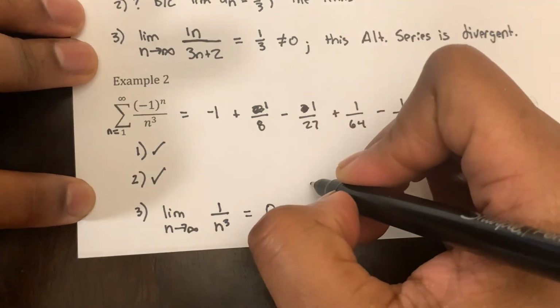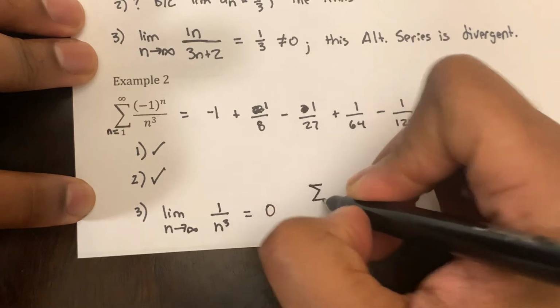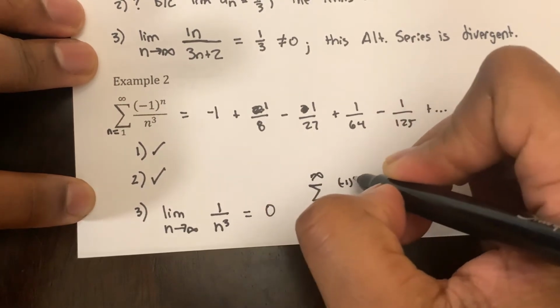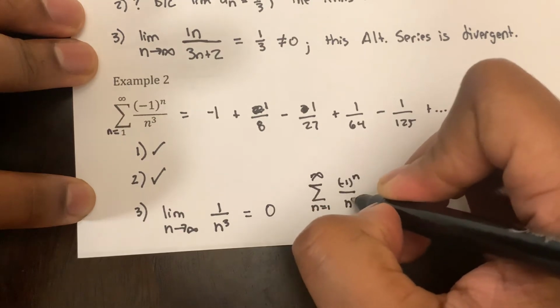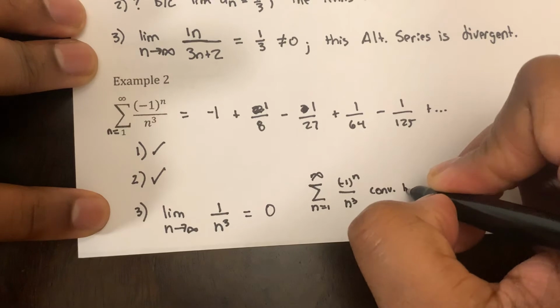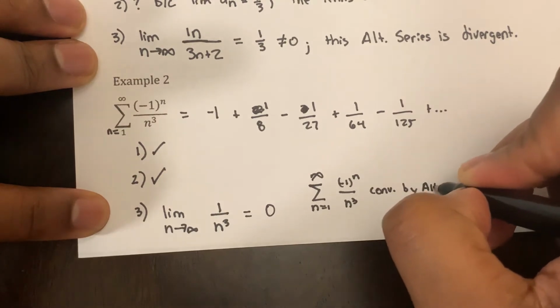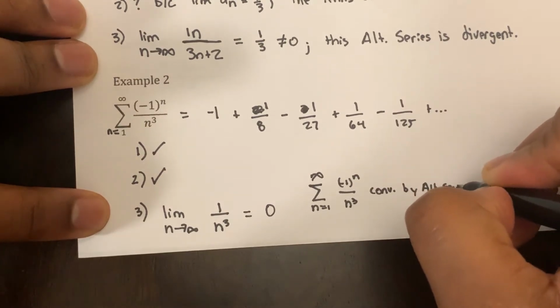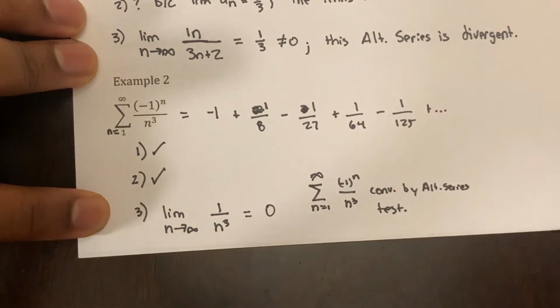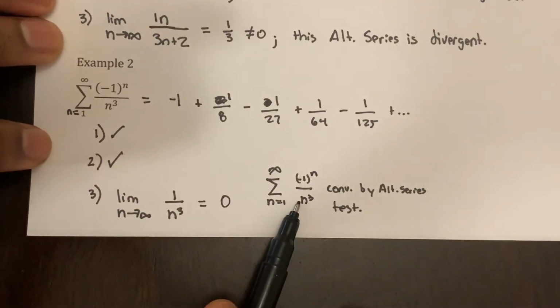So we would say the series from n equals 1 to infinity of -1 to the n over n cubed converges by the alternating series test.